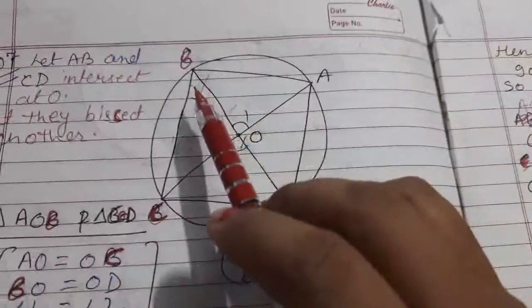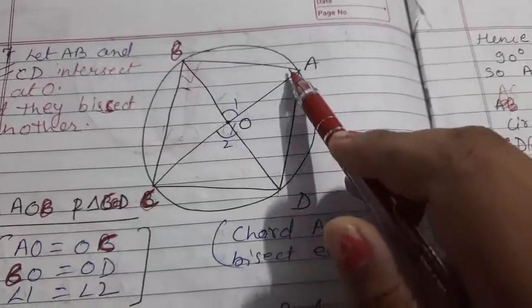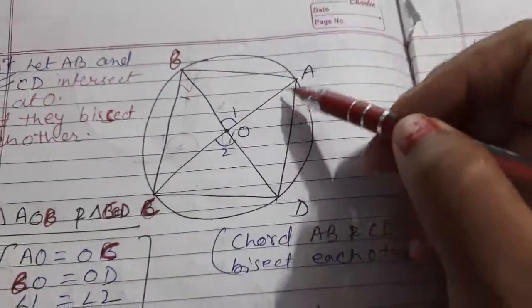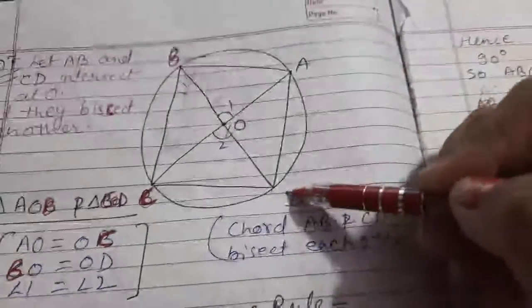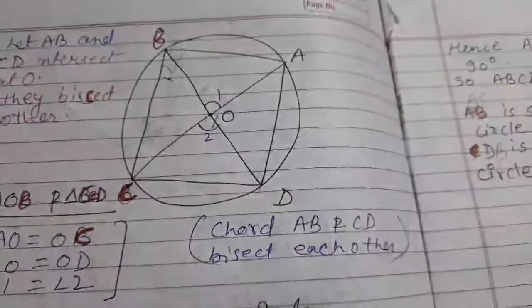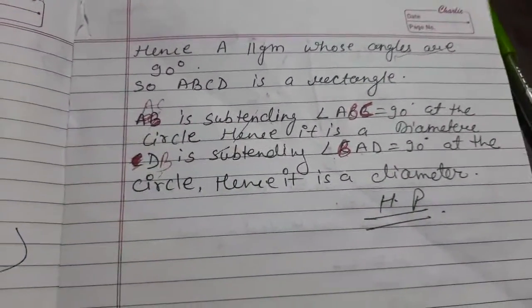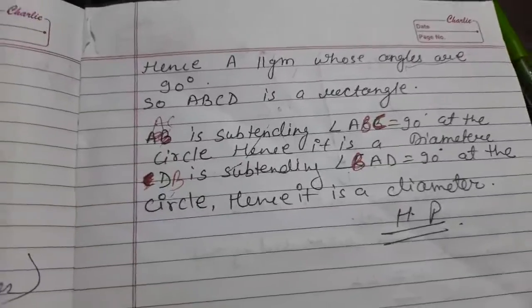Second, BD is again subtending angle BAD at the circle, and it is only possible when BAD is a semicircle, which will be possible when BD is the diameter. Hence AC and BD are the diameters of the circle.